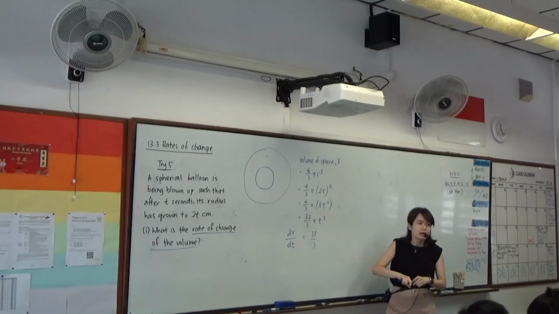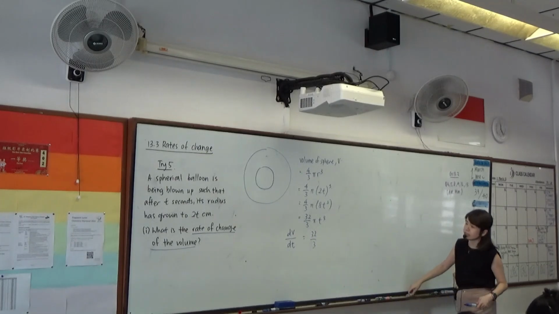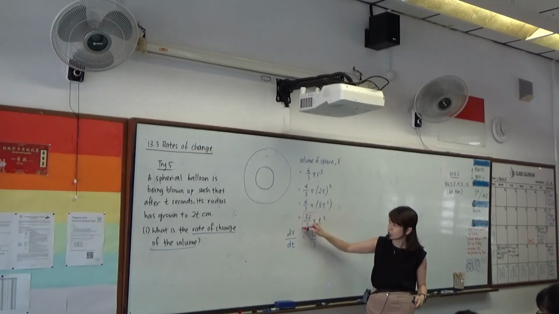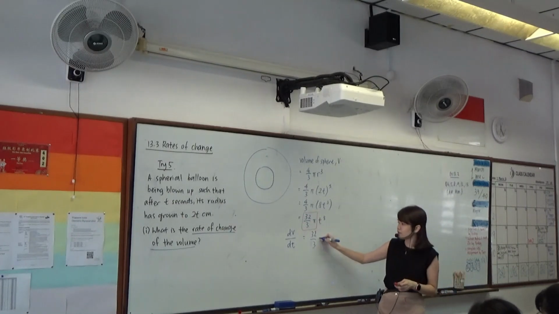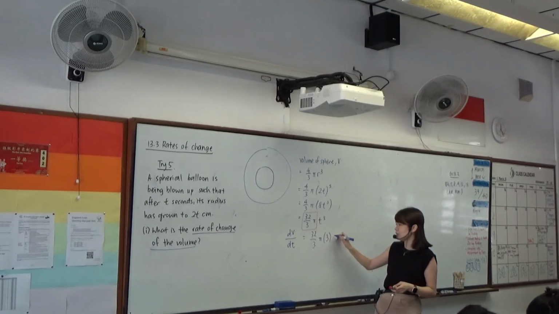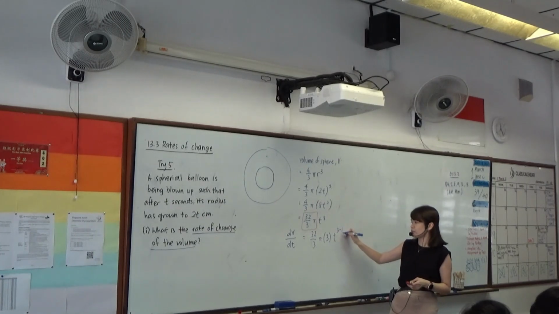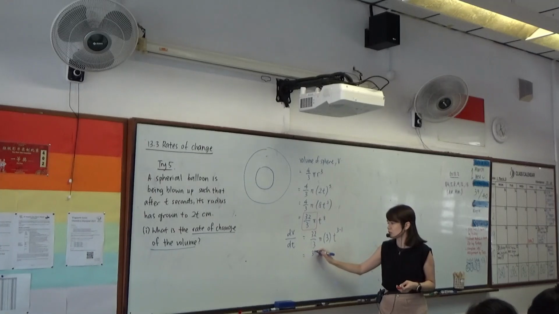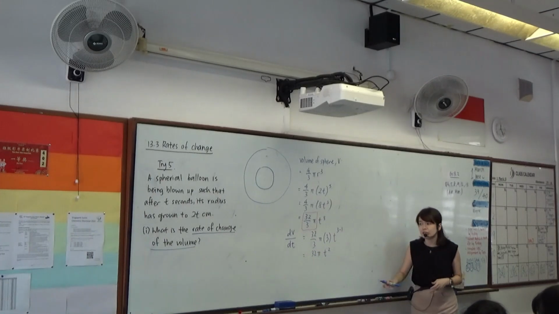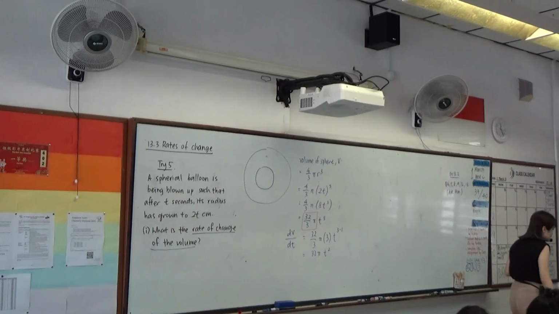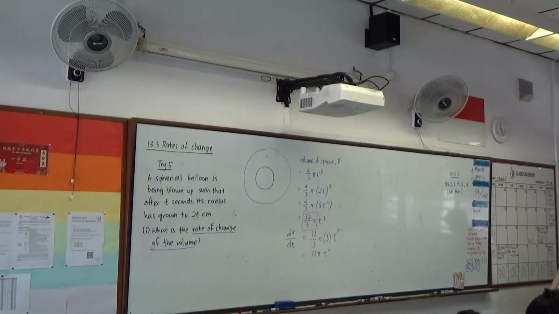Differentiating this, I want us to recognize that the coefficient of t cubed is 32/3 pi, so that's a constant itself. Bring down the power, minus 1. So dV over dt is equal to 32 pi t squared.